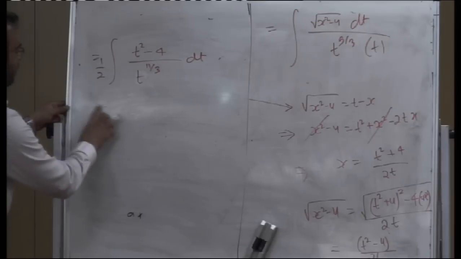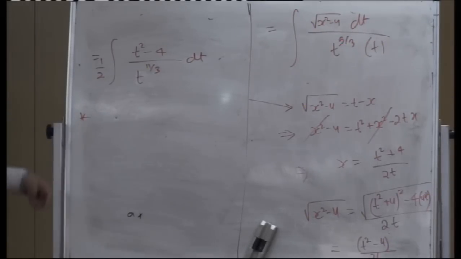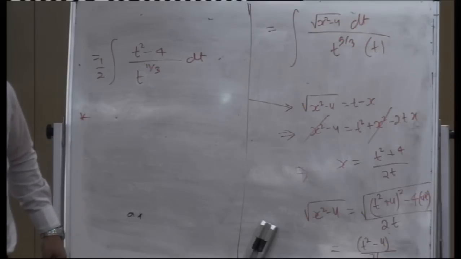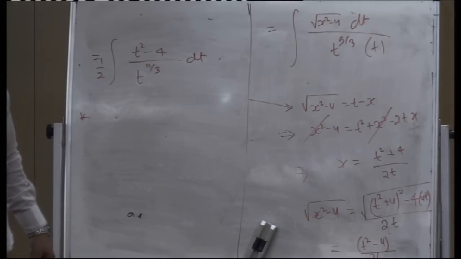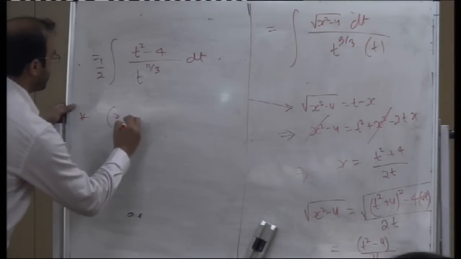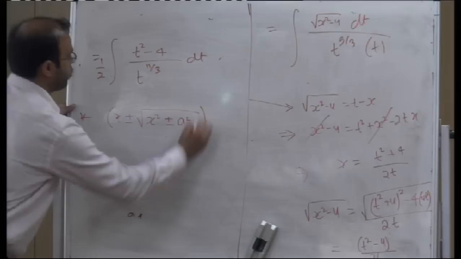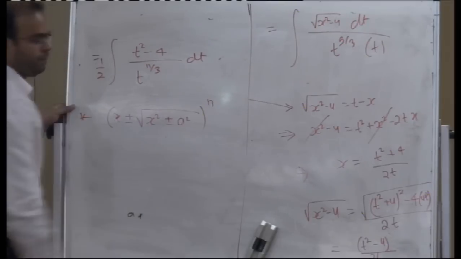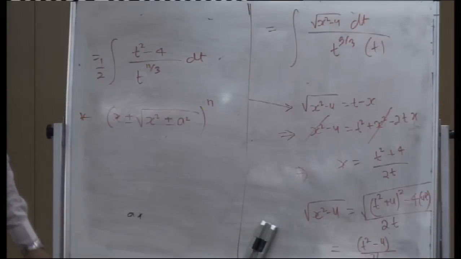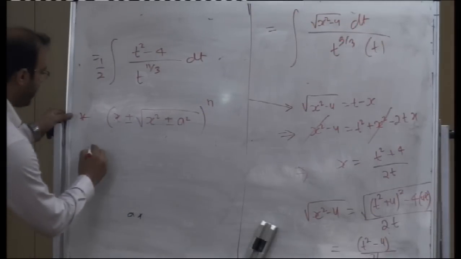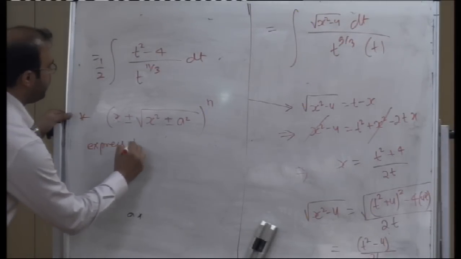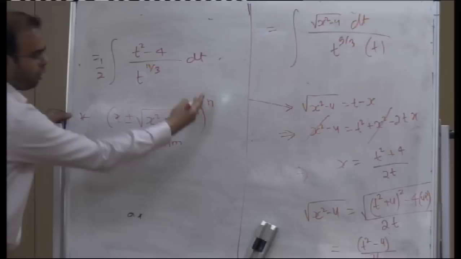Now there is a statement. That statement says that if you have some term of this type, just as we wrote there, like (x plus minus root over x square plus minus a square) to the power n. This is the form we had. Now this n need not be a natural number.